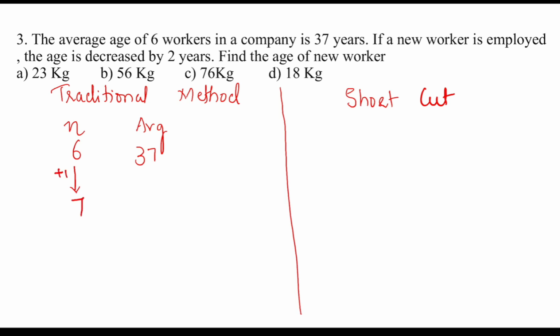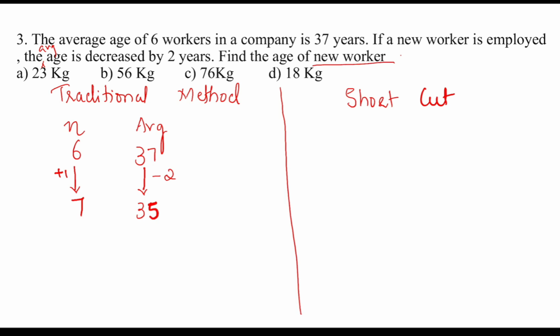The average age is decreased by 2 years. That means when the new person enters, the average is decreasing by 2 years. So now it became 37 minus 2, 35. The average became 35. Find the age of the new worker. Now, traditionally, how will you solve?